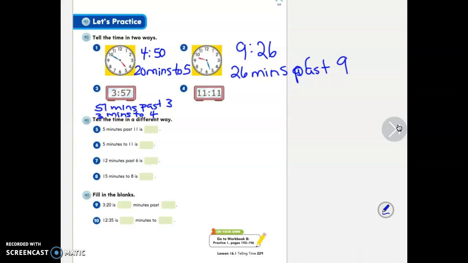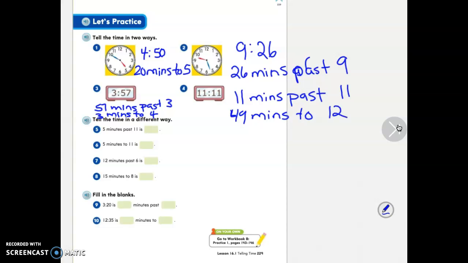The digital clock's already telling us what time it is, so we're going to write it in 2 ways using past and to. So 11:11 is going to be 11 minutes past 11, or it's going to be 49 minutes to 12.